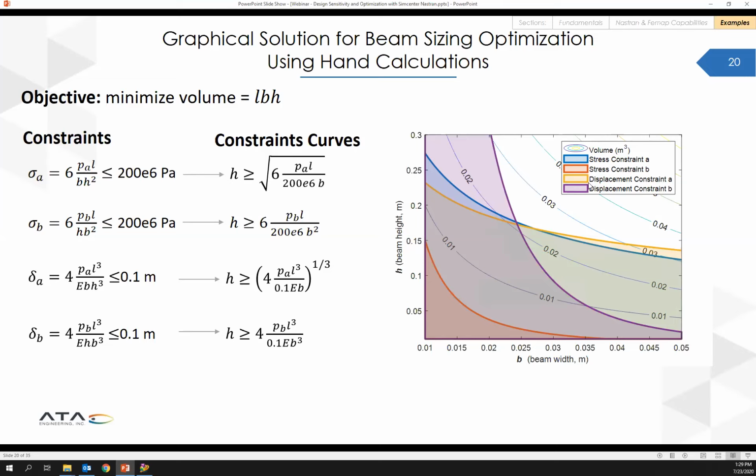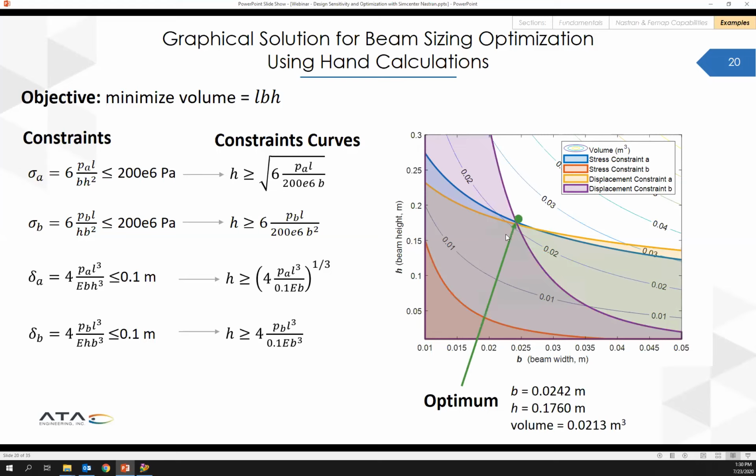We see as we move down towards this corner of our design space that we are minimizing our volume, and as we follow our constraints, we can see pretty clearly that the minimum volume that satisfies all of our constraints is going to be at this point where the displacement constraint from loading condition B intercepts the stress constraint from loading condition A, and that's going to be our optimum value.